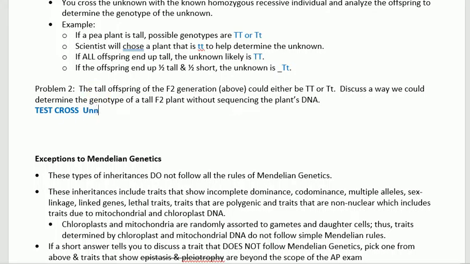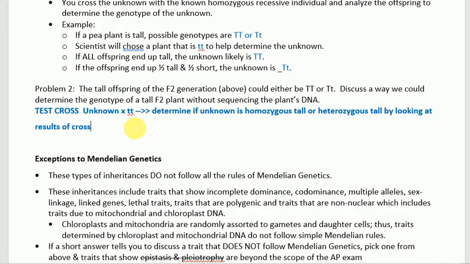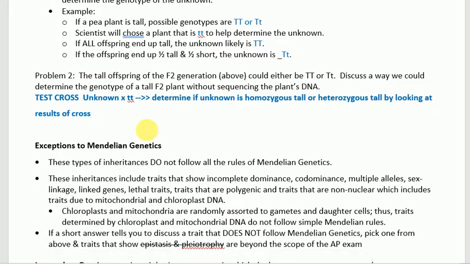We're going to take an unknown times little t, and then through that determine if the unknown is homozygous tall or heterozygous tall by looking at the results of the cross. Okay, so in this case, they're not asking you to cross anything. They just want you to discuss it.